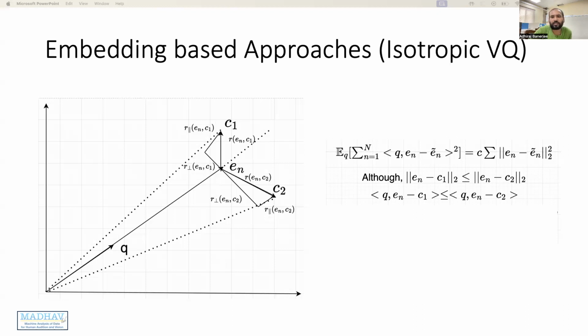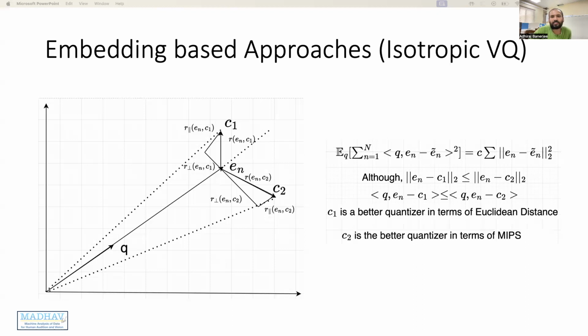As you can see, the angle between the query and the vector En minus C2 is greater than that between the query and En minus C1. As a result, C1 is a better quantizer than C2 in terms of Euclidean distance and the isotropic vector quantization loss. But in terms of the inner product, C2 is the better quantizer.